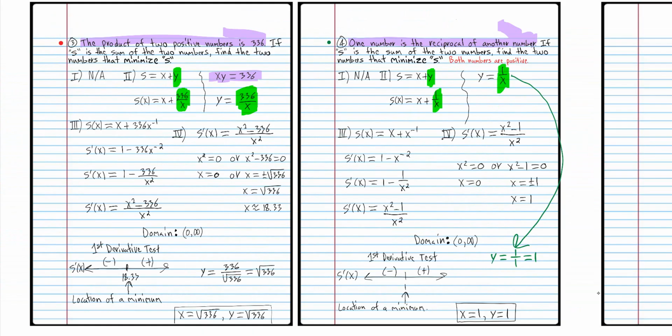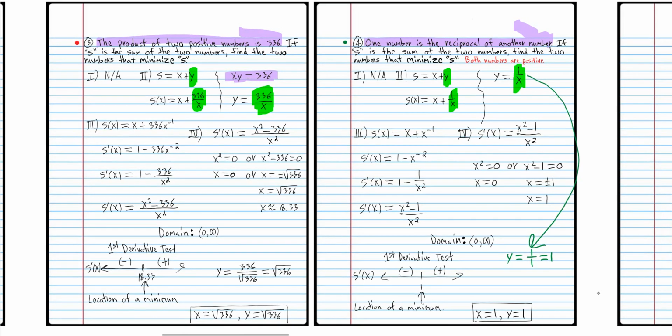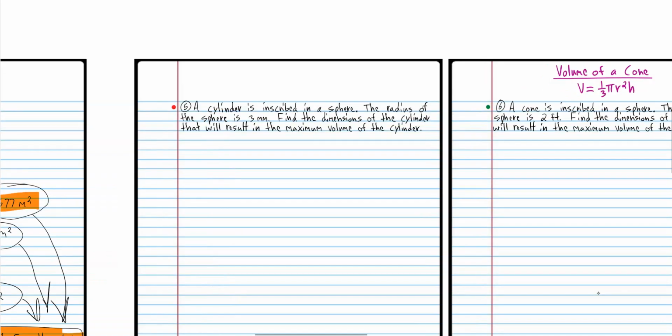Okay, so if you got that right, good. If you wrote your equation in terms of y, that's fine, but you should still get the same answers. X is equal to 1, y is equal to 1. You may have used different variables other than x and y, that's fine.